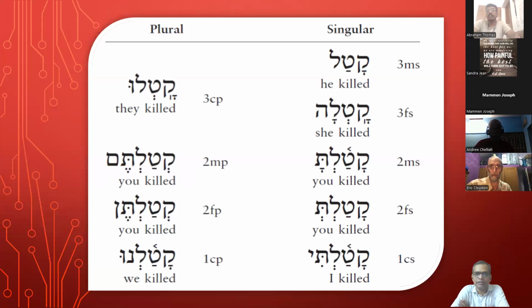Katal, katela, katalta, katalt. Okay, so here if you see 2 shevas are there, so the second sheva will not be pronounced. It is just for indication purpose. So it is katalt, then katalti, katelu in the plural, ketaltem, ketalten, katalnu.